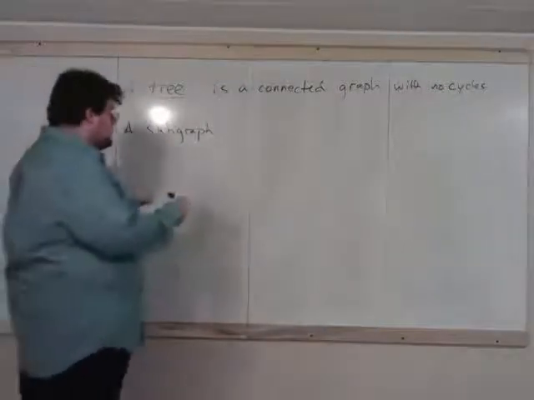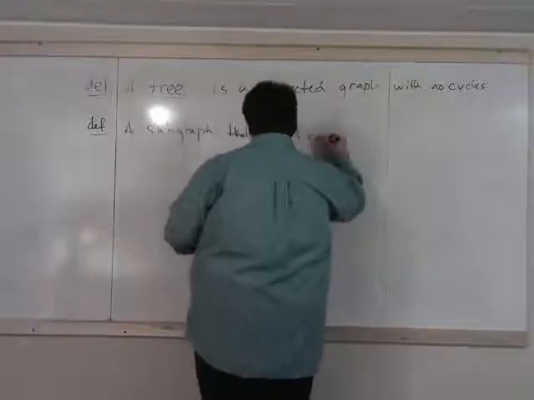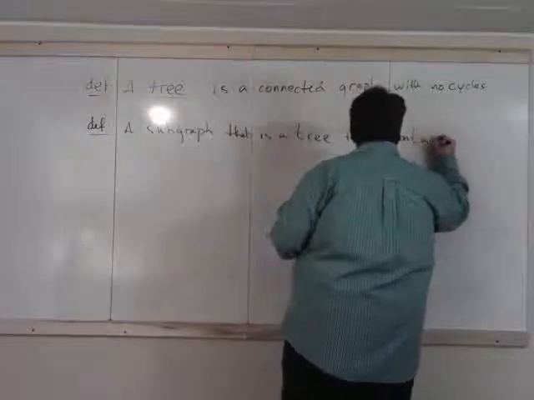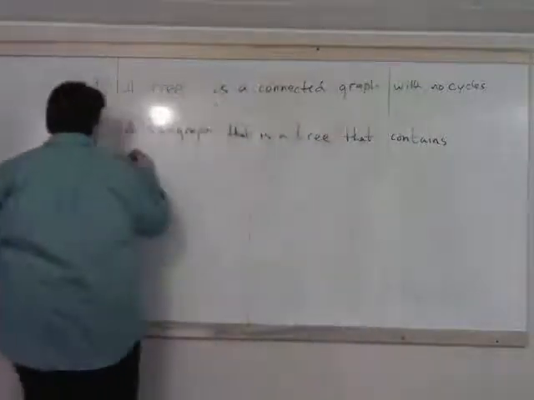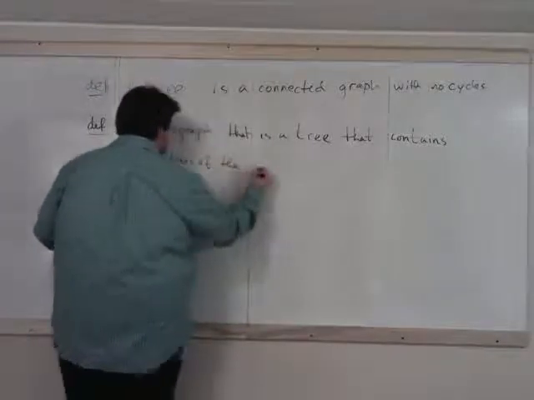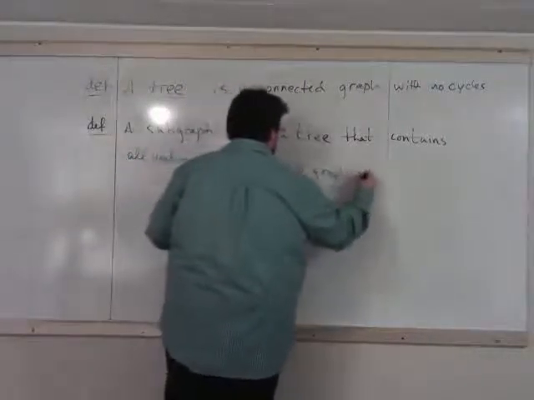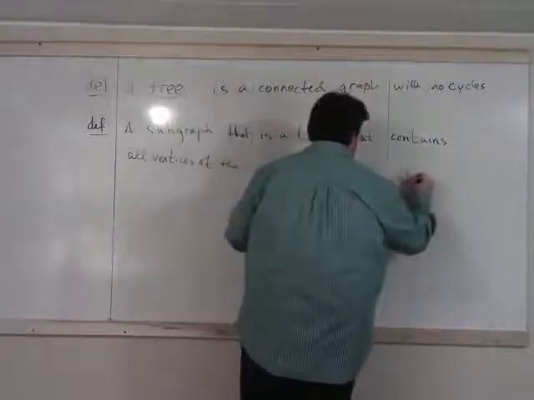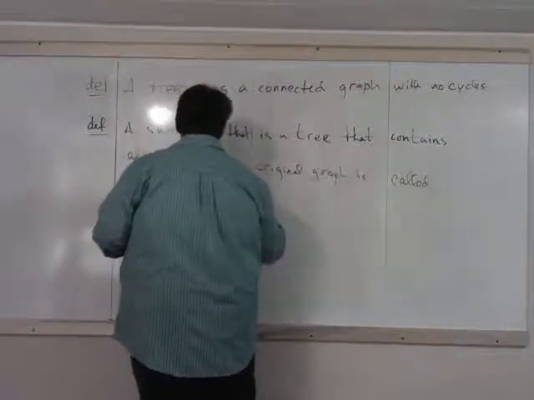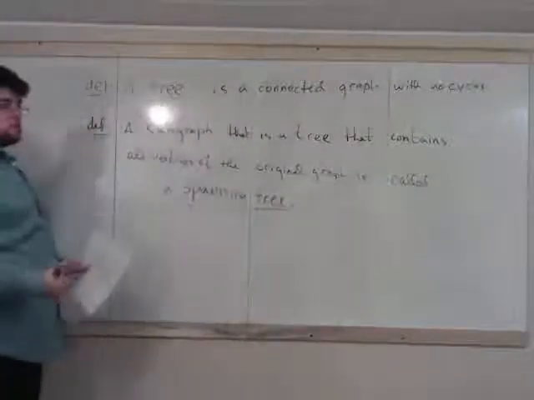So, slightly more formal, a subgraph that is a tree that contains all vertices of the original graph is called a spanning tree. It spans the graph.